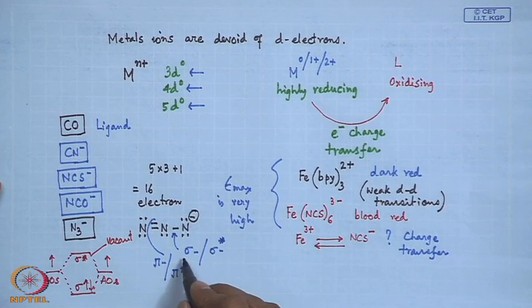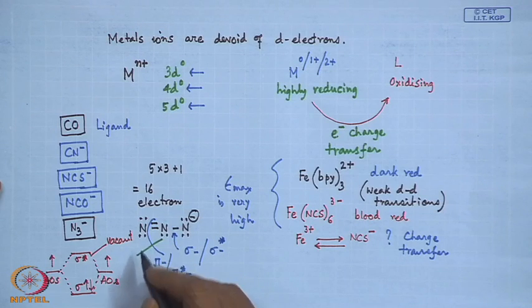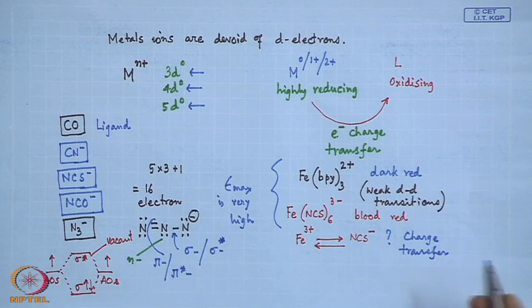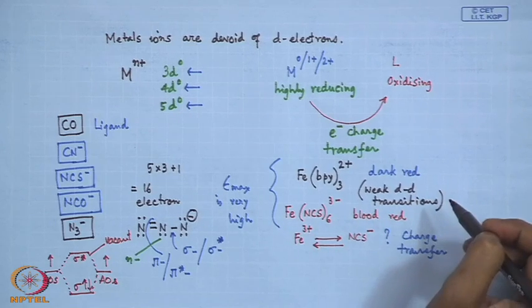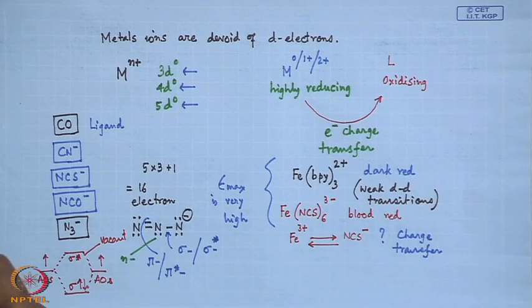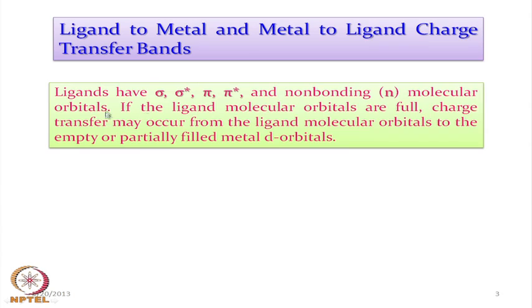So, we can have sigma, sigma star, pi, pi star, and these are the non-bonding electrons. So, altogether we have these 5 types of electrons present in molecular orbitals: sigma, sigma star, pi, pi star, and n.